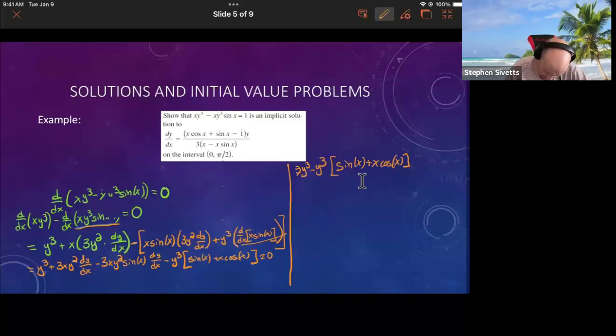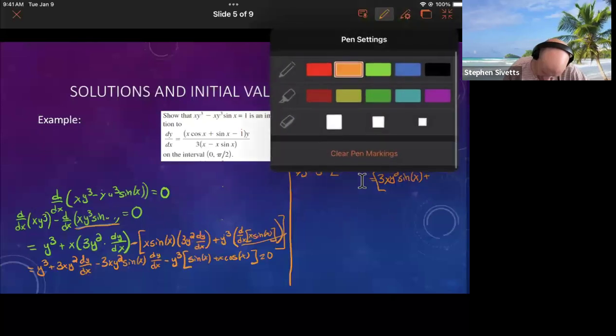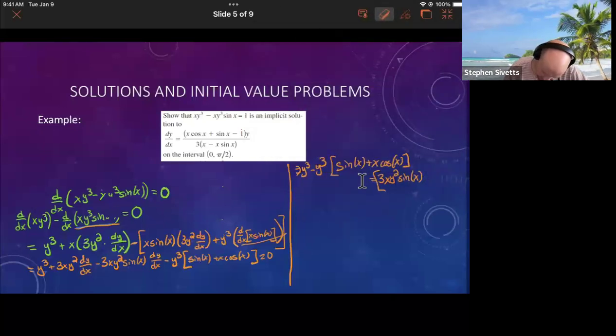This would equal 3x y squared sine x, and then minus 3x y squared dy/dx. Okay.